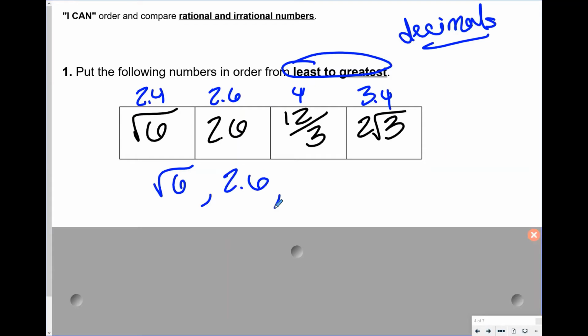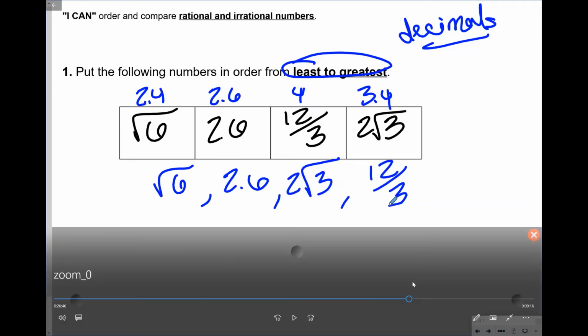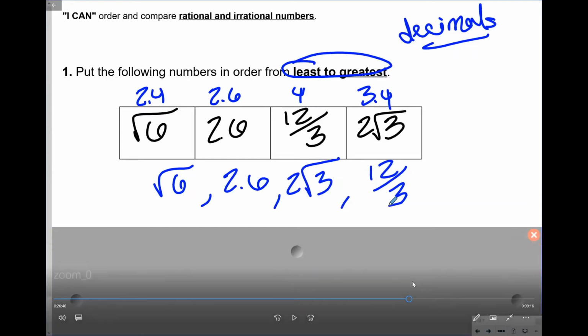Then right after 2.6, what's next? Comes after 2, 3. Do we have any threes? Yes: 2 times the square root of 3, and then 12 over 3. Copy this down.